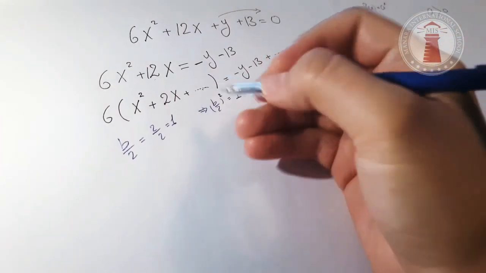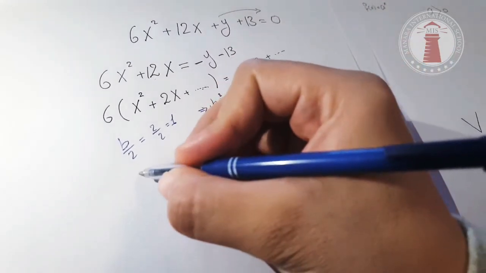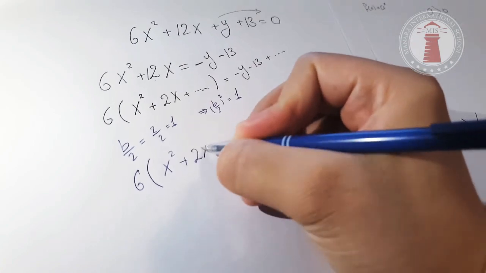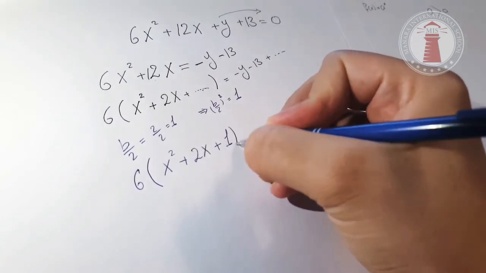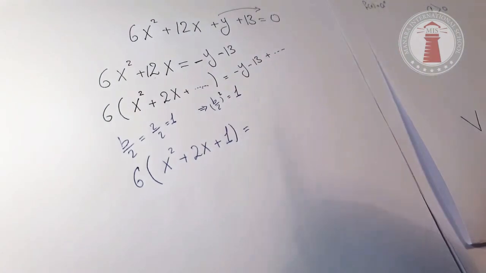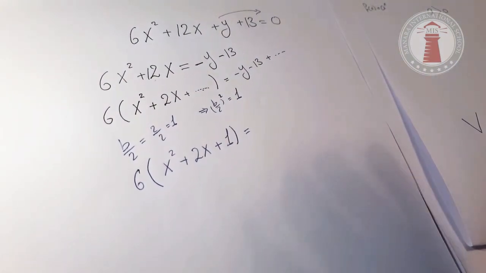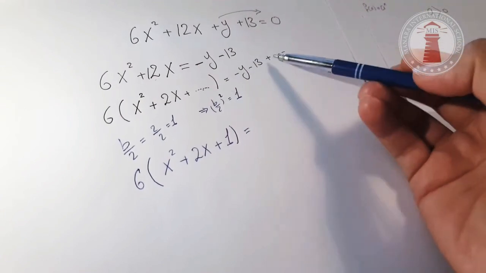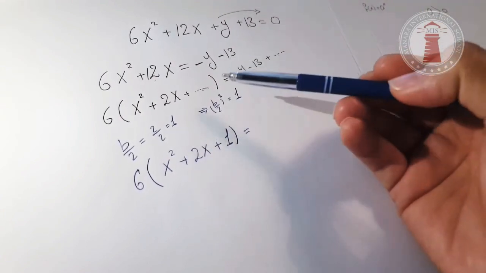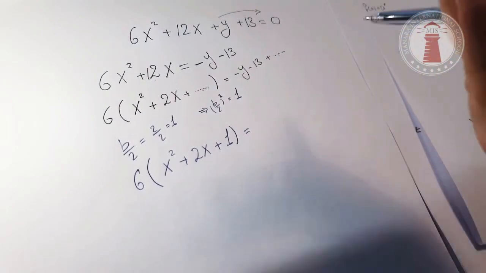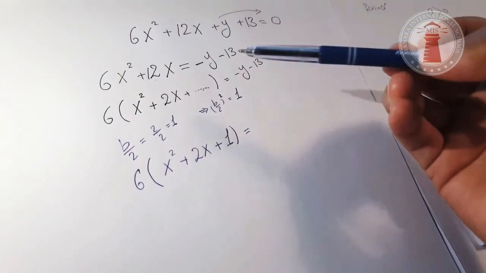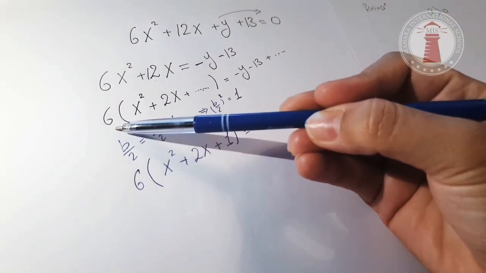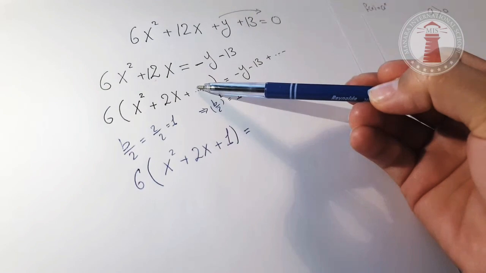Now we already have the number that we're going to add to both sides. To add this number here, we just put it as is. So we have 6x squared plus 2x plus 1, equals. Now in this example, we don't add 1 to the 13 on the other side of the equation, because if this was like a scale, what you added to the left side is not 1, it's in fact 6 multiplied by 1, because you already have a number multiplied by it, but it's not shown inside the bracket.